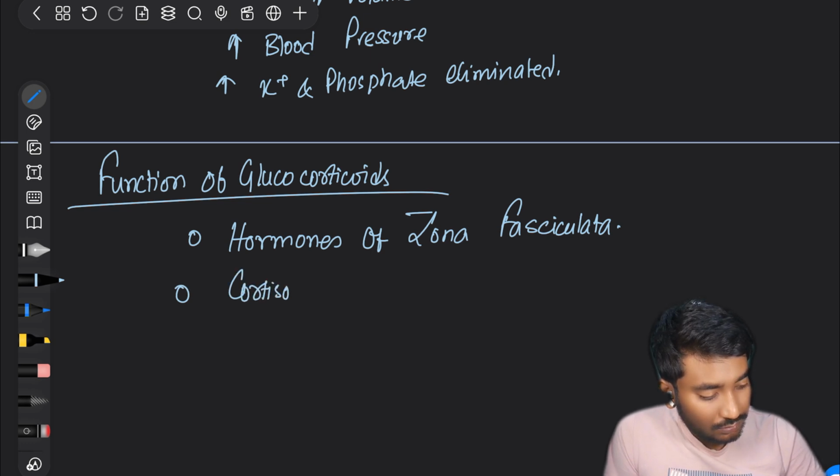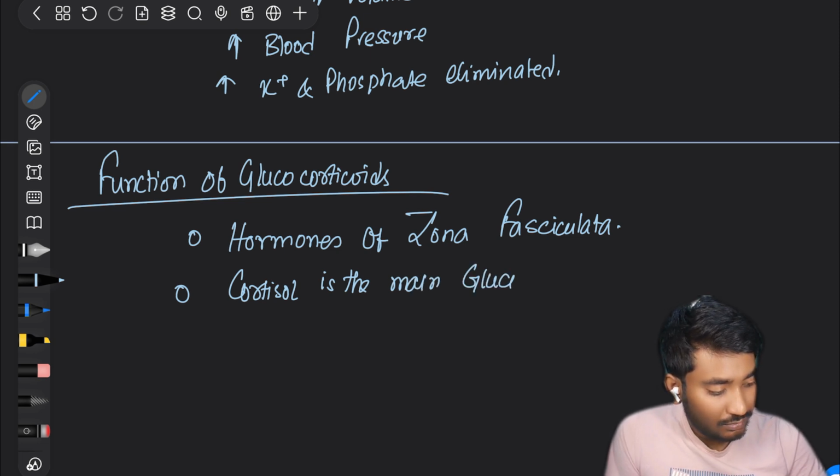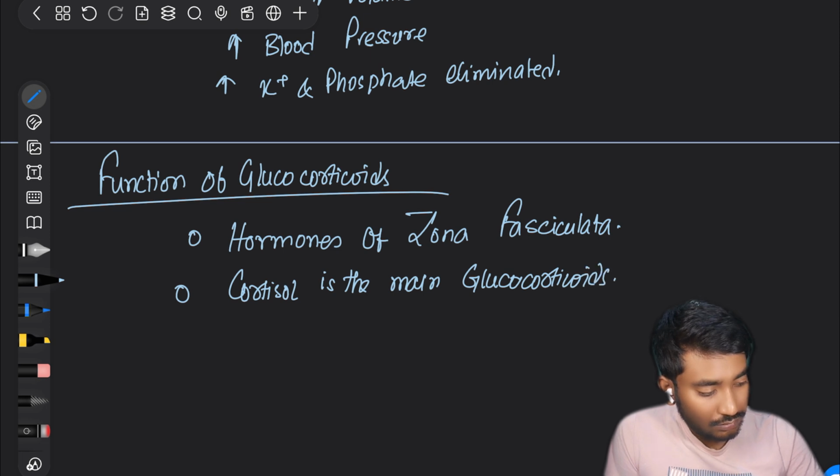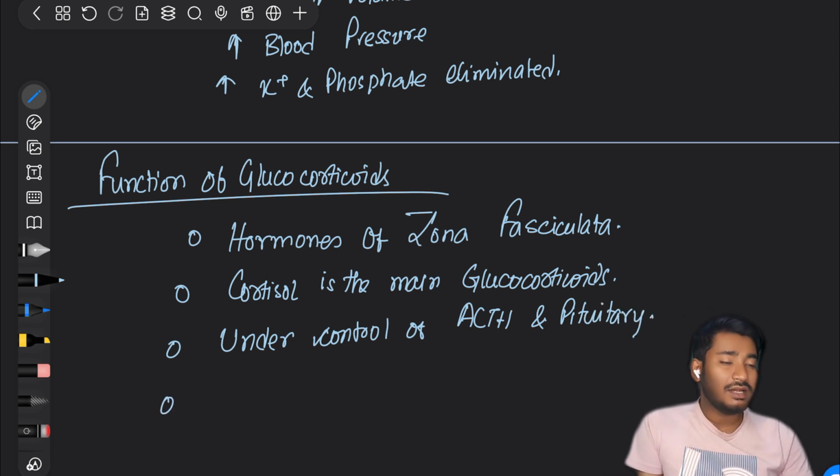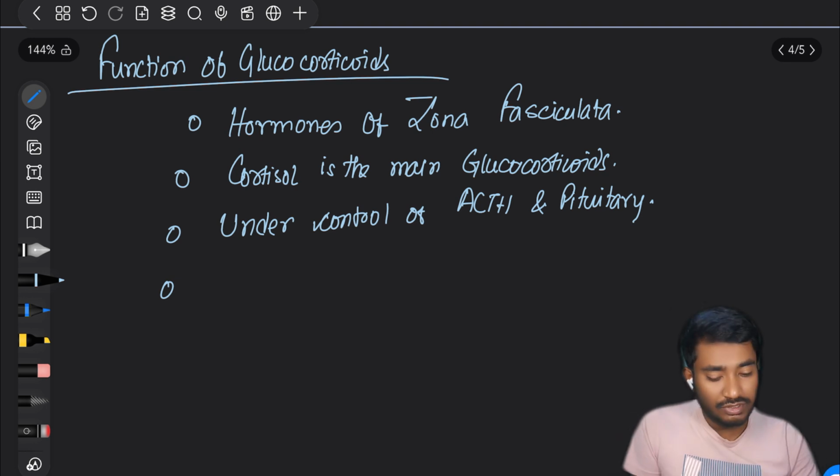Cortisol is the main glucocorticoid, under the direct control of ACTH and pituitary.